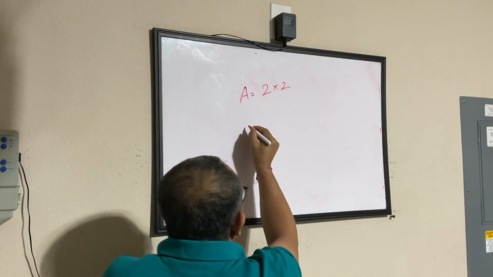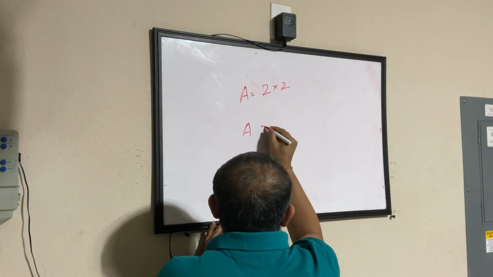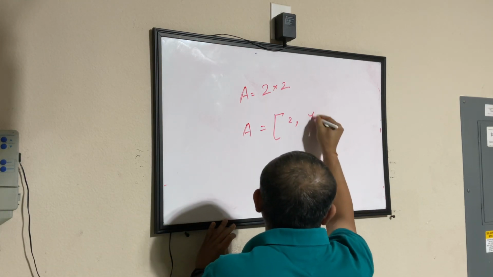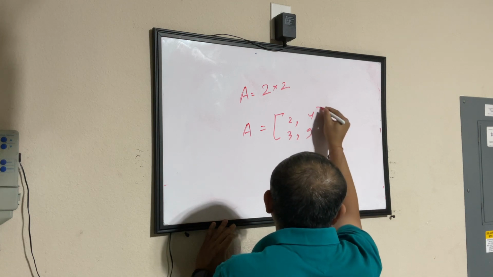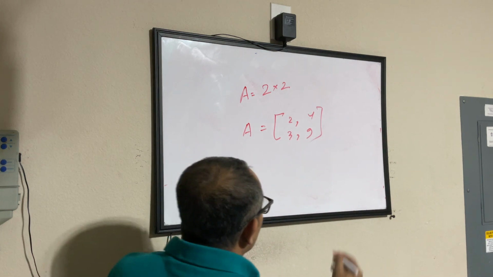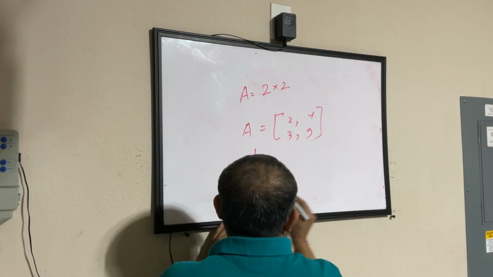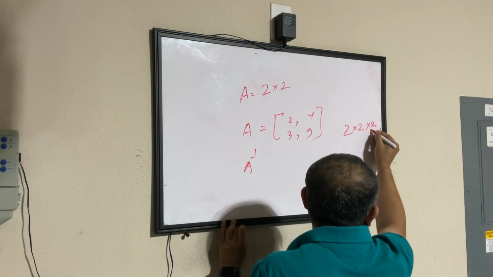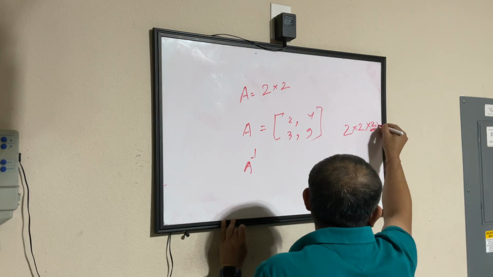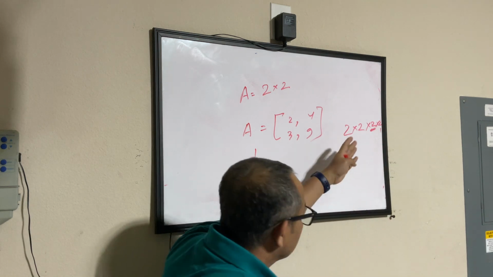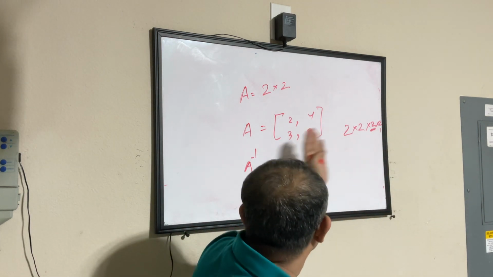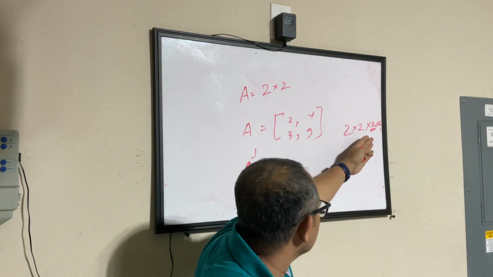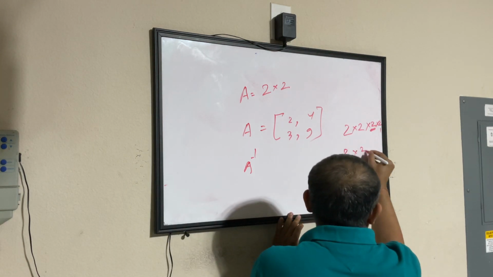If I have A as a 2 by 2 matrix, which is 2, 4, 3, 9, my inverse will have some dimension. This is 2 by 2. So my inverse has to have 2 rows for sure, and how many columns I will have, that I can decide. So let's keep it the same as this one, so that it becomes a 2 by 2 matrix.